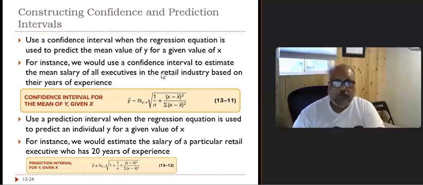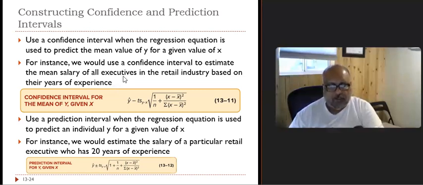All right, so what are confidence and prediction intervals? These are the formulas that you see here. They seem a little complicated. There is a confidence interval for the mean of y given x, and a prediction interval for y given x.